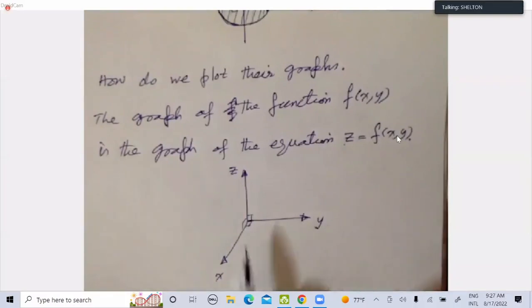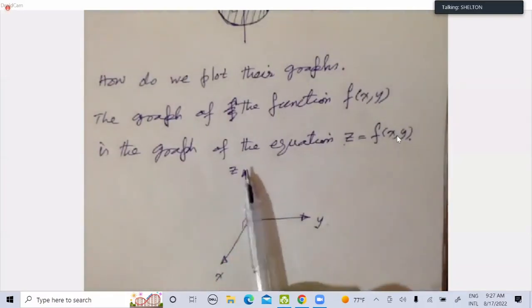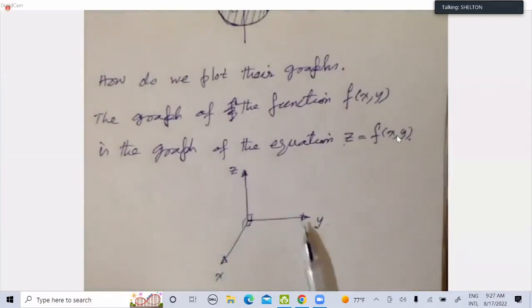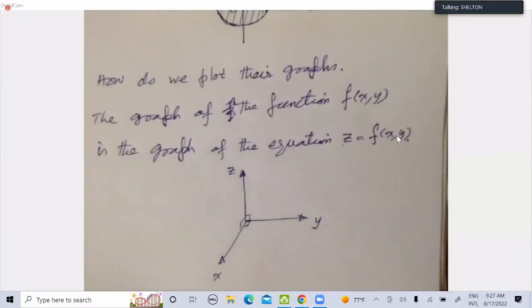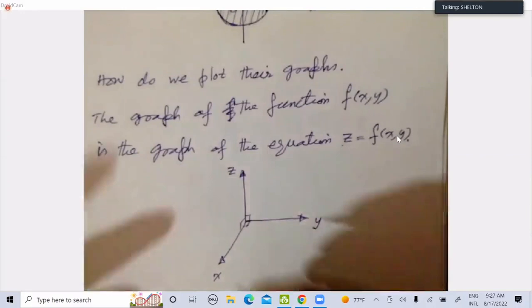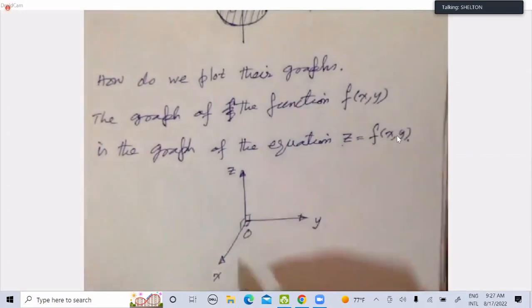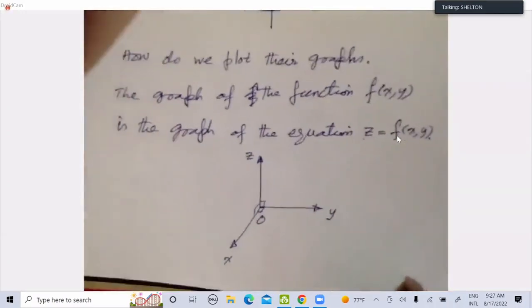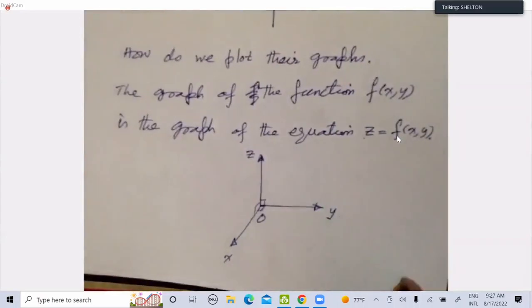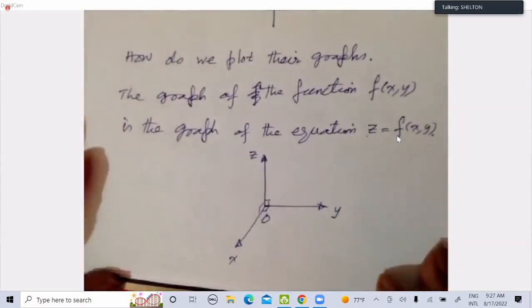So for our purposes, we consider this as the vertical axis. These two are horizontal axes in the plane. Both are horizontal. The xy plane is the horizontal plane. The z-axis is perpendicular to it. This is the origin. To represent points here, we use x comma y comma z. We have done vectors, and so three-dimensional space is familiar to you.